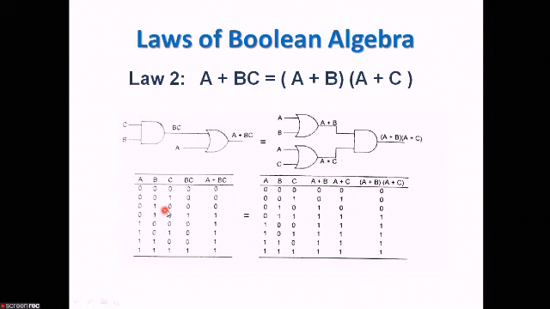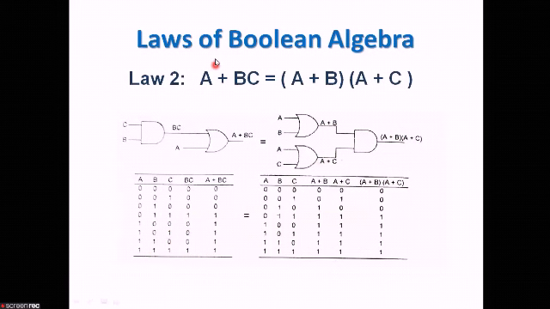Next is 0, 1, 0, the outputs are 0 and 0. Next is 0, 1, 1, the outputs are 1 and 1. Next is 1, 0, 0, the outputs are 0 and 1. Next is 1, 0, 1, the outputs are 0 and 1. Next is 1, 1, 0, the outputs are 0 and 1. Next is 1, 1, 1, the outputs are 1 and 1.